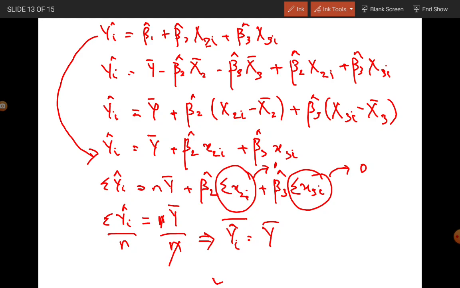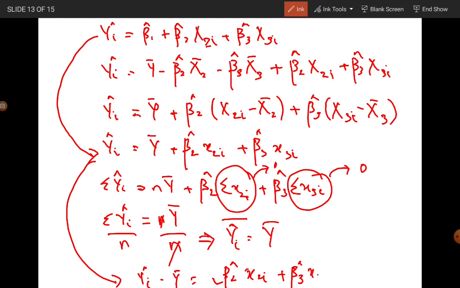I can write this relation, that is yi hat minus y bar is equal to beta 2 hat x2i plus beta 3 hat x3i.